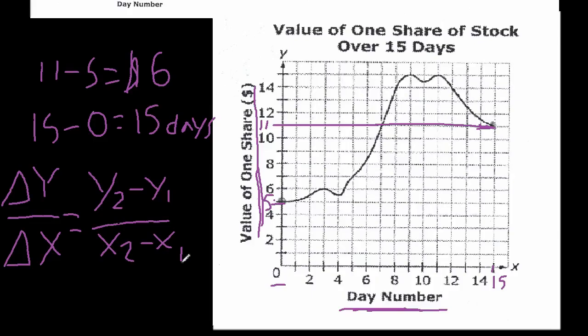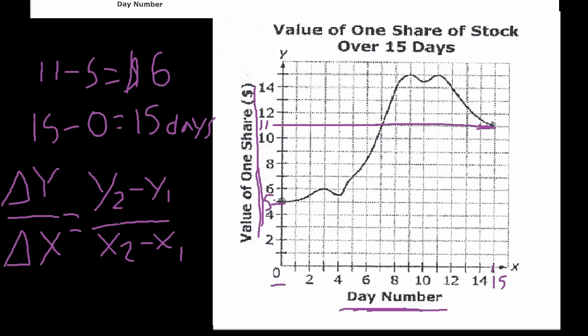In this case, our change in y is how much money did we get? How much money was gained in those 15 days? Hopefully gained. In this case, it was gained $6. And it took us 15 days to make those $6 of profit.